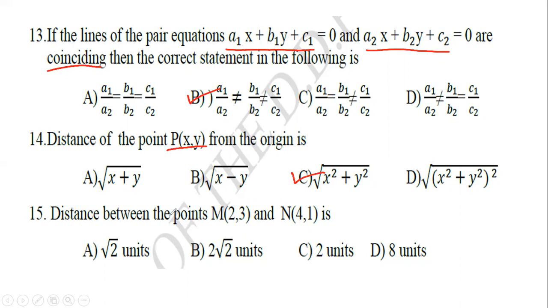Next question, distance between the points 2, 3 and 4, 1 is dash. So consider this one is x1 and this is y1. This is x2 and this one is y2.